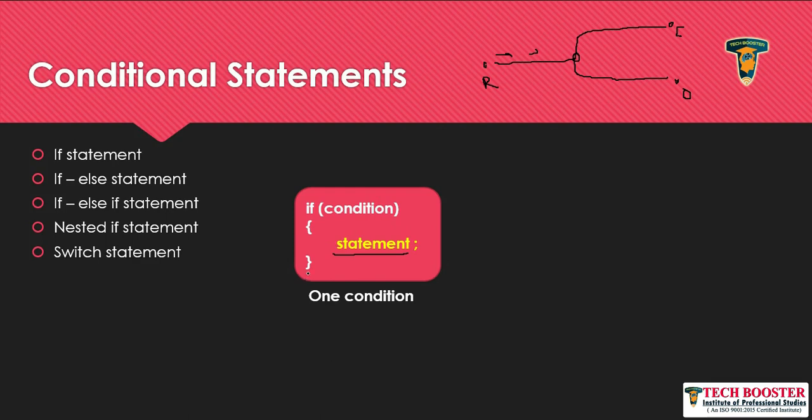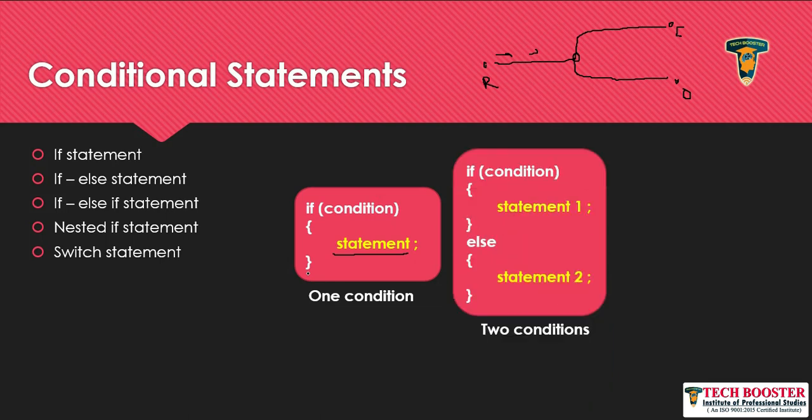Second, considering my if else statement, you can see this is my syntax, and this is specially used when I have two conditions. First of all, I will be writing my condition with my if. If my condition is satisfied, then my statement 1 will get executed, the one that I have within this curly bracket.